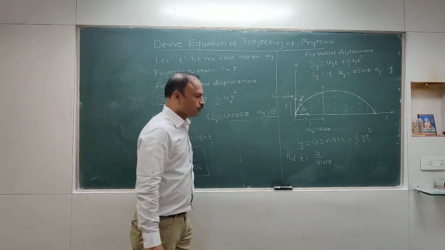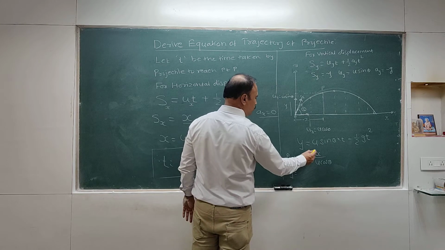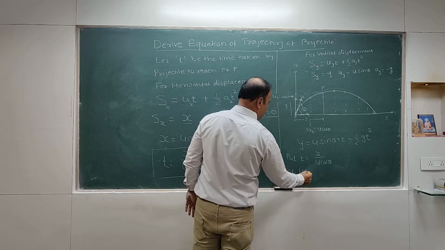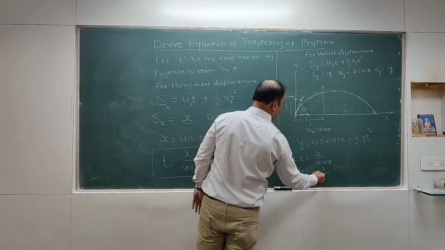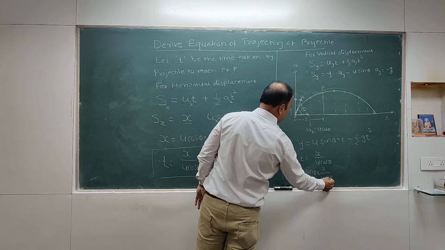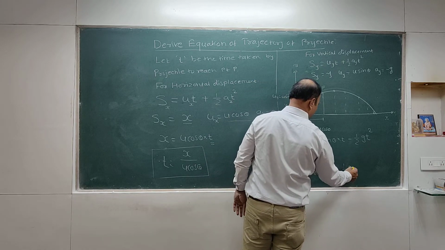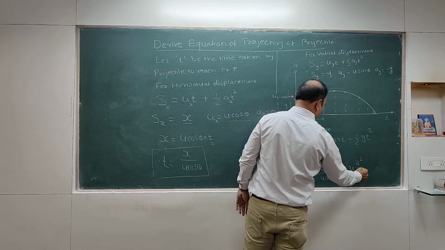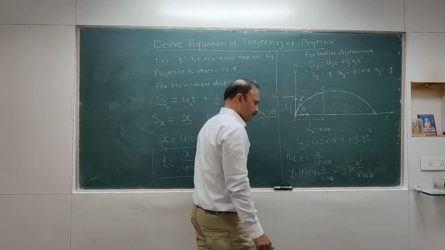Substitute. So we get y equals u sin theta into x by u cos theta minus half g into x square by u square cos square theta.